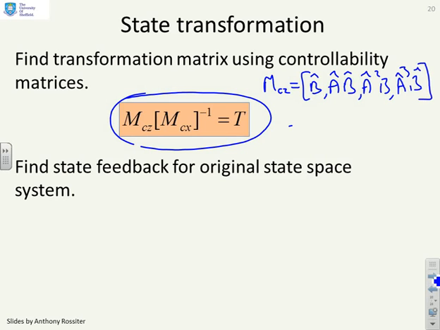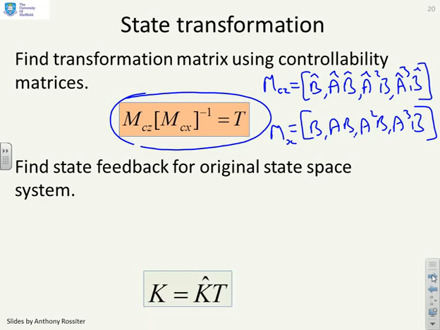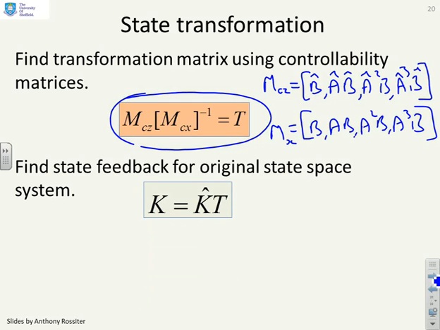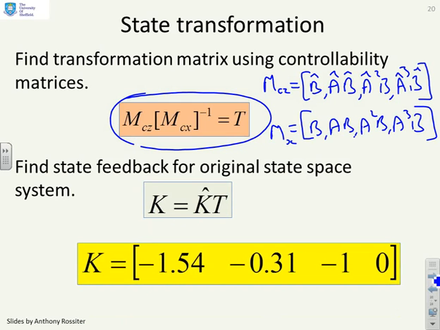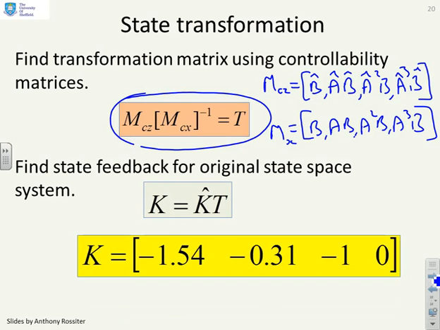Well, you don't want to do that on pen and paper, and MX is going to be B, AB, A squared B, and A cubed B. So you can define those two formulas, plug them in, and find T. And then we simply do K equals K hat T to get the original K, and there's the answer. K is minus 1.54, minus 0.31, minus 1, and 0.